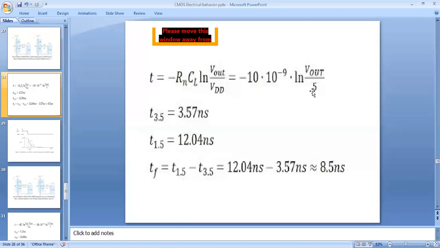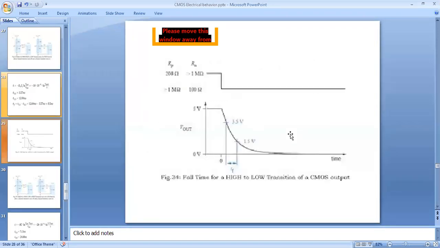Now, what is our aim? See this diagram. Our aim is the calculation of fall time. Fall time is always considered between 3.5 volts and 1.5 volts. 3.5 is 70% of VCC, and 1.5 is 30% of VCC.